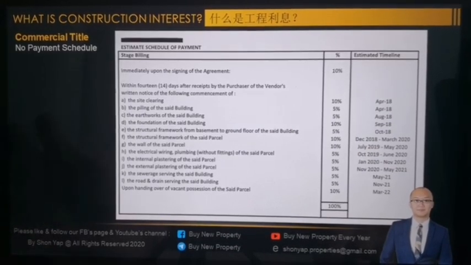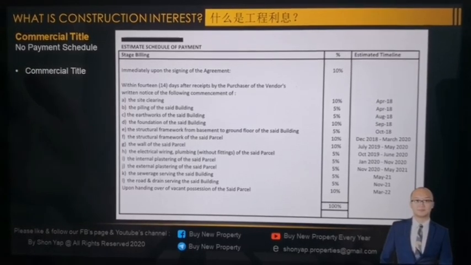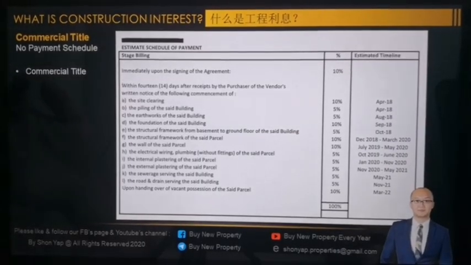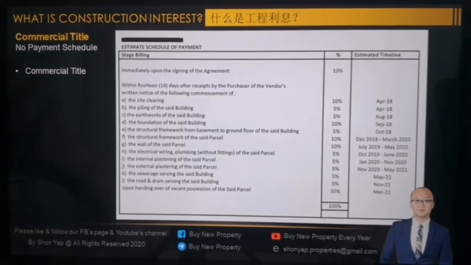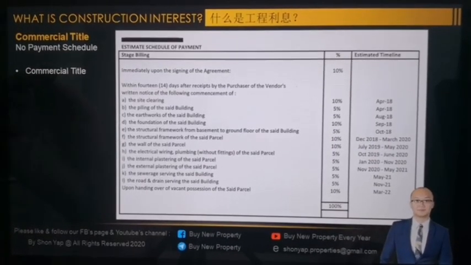So this is the commercial title, pure commercial title, so-called no payment schedule, where there is no protection because it's under Schedule G or Schedule H. They will mention this project will be completed within 36 months, within 48 months, and in the commercial title there are no laws or protection to mention clearly when this project will be completed.